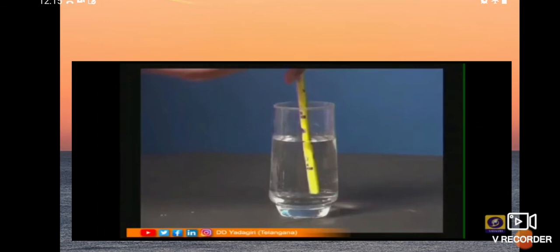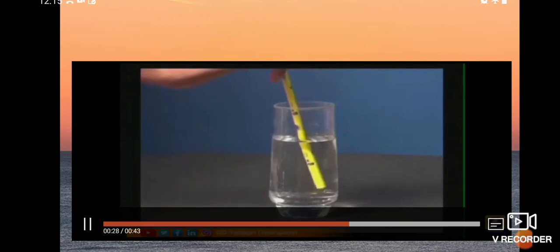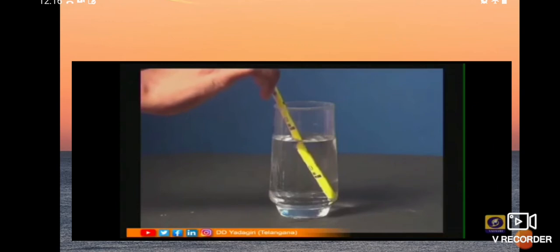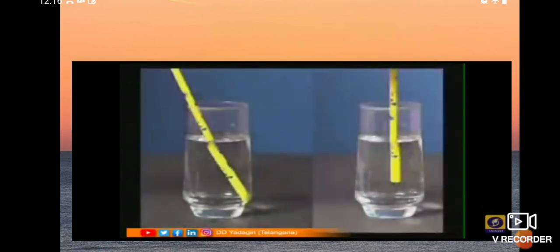Here the light ray is traveling parallel to the pencil direction. But in the second case, the pencil appears bent, because we are keeping the pencil in an inclined way. You can observe both pictures. So what are you observing in these two diagrams? Let us see.